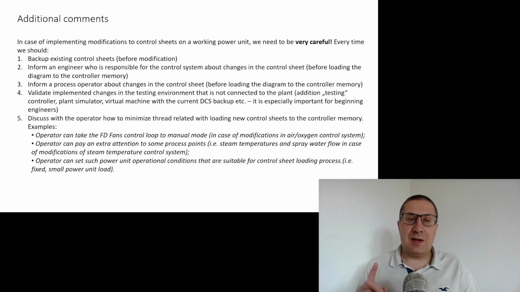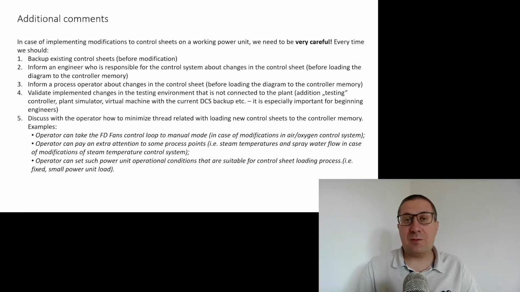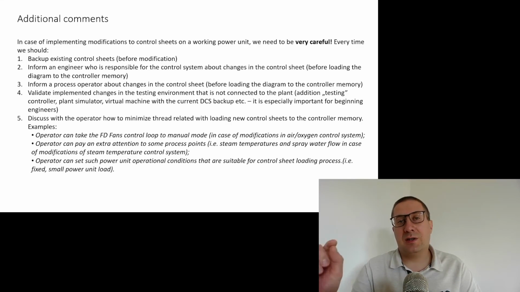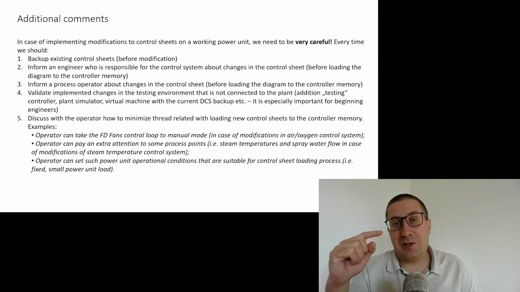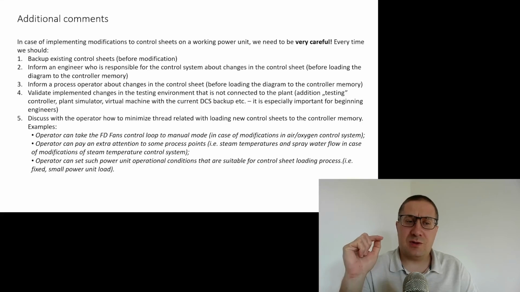So every time we should back up existing control sheets before the modification. We should inform the engineer who is responsible for the control system about the changes that we want to make before loading them into the controller memory. We have to inform the process operator about changes in the control sheet before we load them into the controller memory, because the operator is responsible for the process, right?